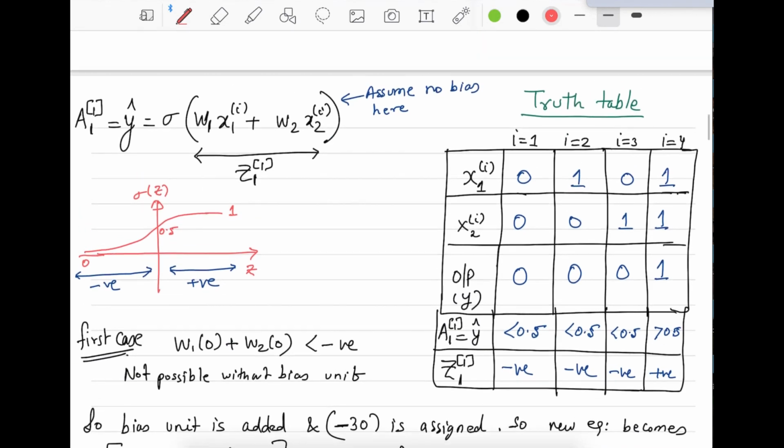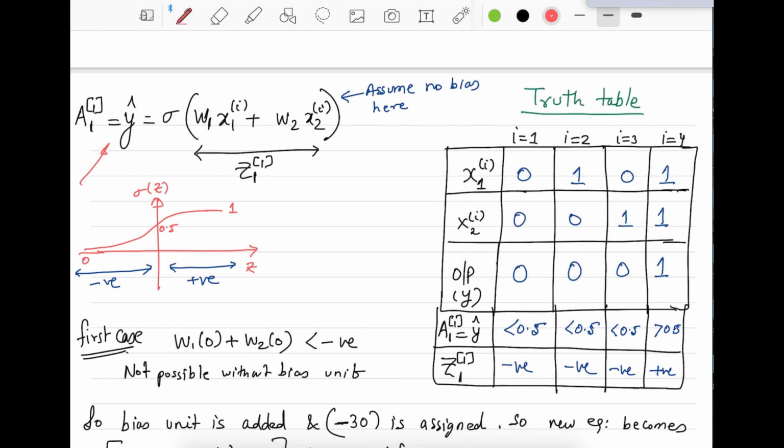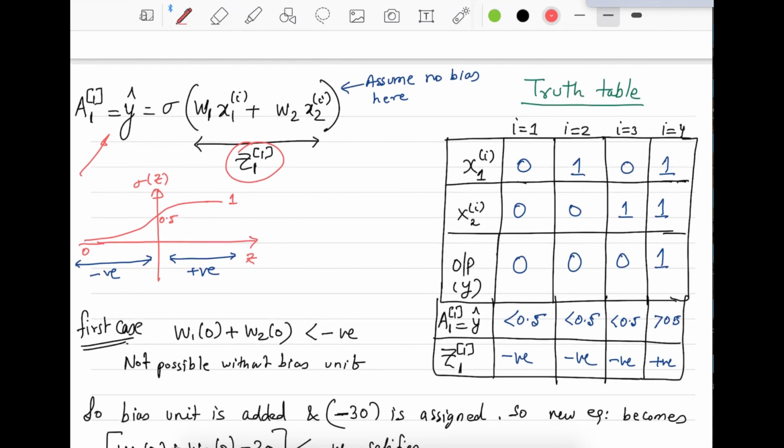So I am repeating this equation here; this is basically Z11. This sigma, which I was telling you about earlier, is a nonlinear function. Let us say this is a sigmoidal function, which is given by 1 upon 1 plus e to the power minus x. If you plot it, it will look like this.